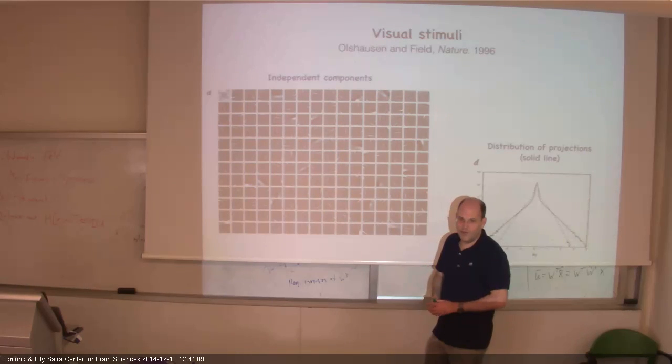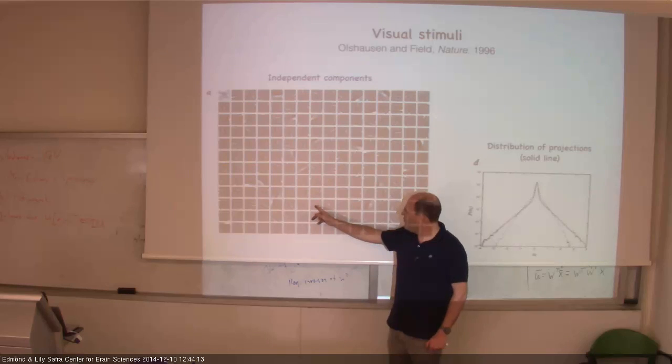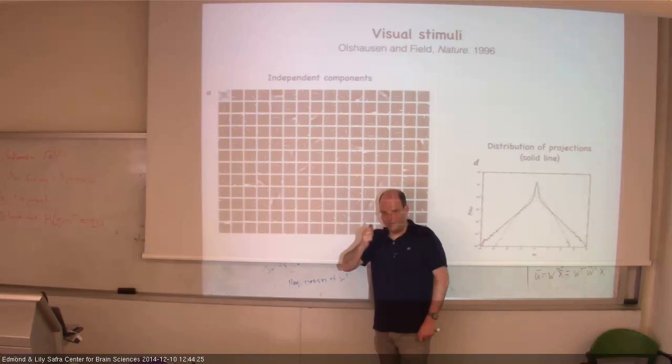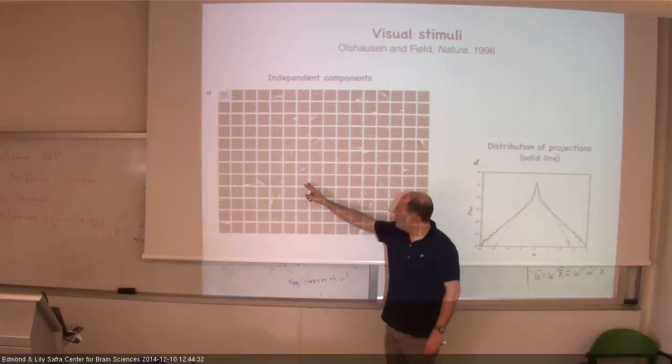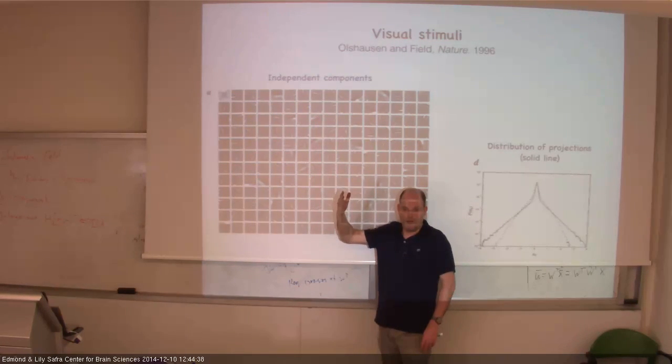These are the independent components of the visual scene. But this is related also to the receptive fields. If you ask what is the linear relationship between the output of a given unit to all the input units, this is not what is shown here, but it looks very similar. And this is what we would call the receptive field of a neuron.